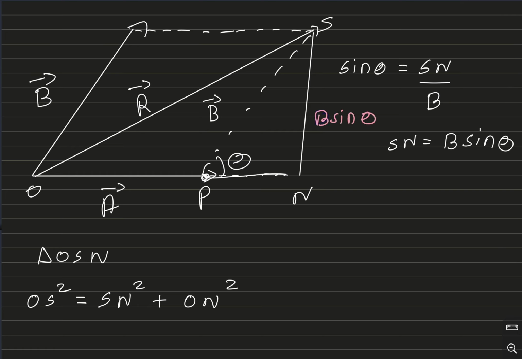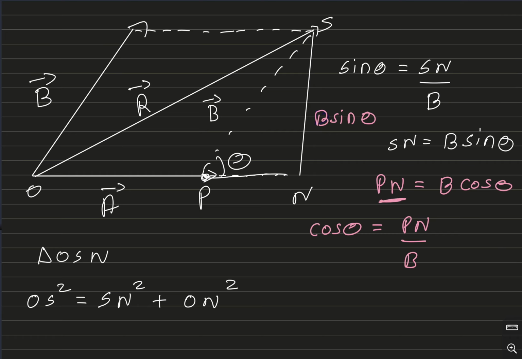And what will be the value of PN? PN is equal to B cos theta. You can simply find it through cos theta: cos theta is equal to base upon hypotenuse.